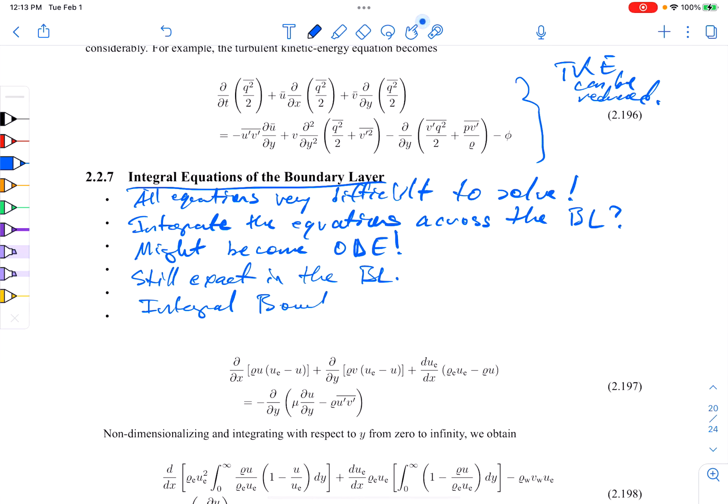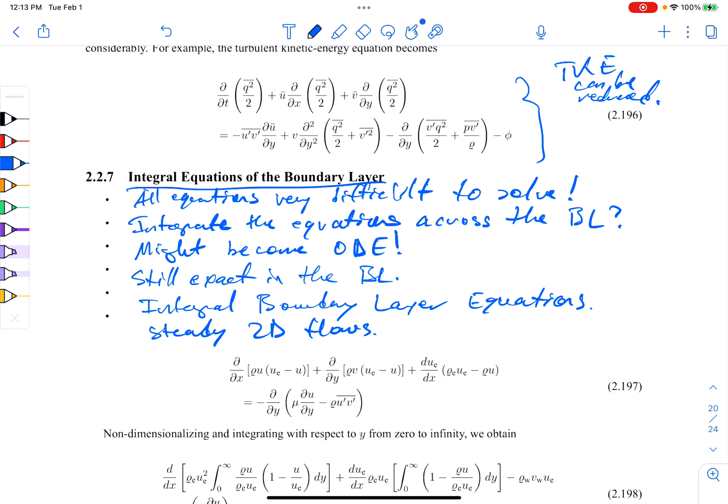That's why they have their name, because we are integrating them across the boundary layer. And just for examples, because it can get even more complicated in 3D compressible flows, we're going to just look at steady 2D flows, which is pretty useful for boundary layer theory.